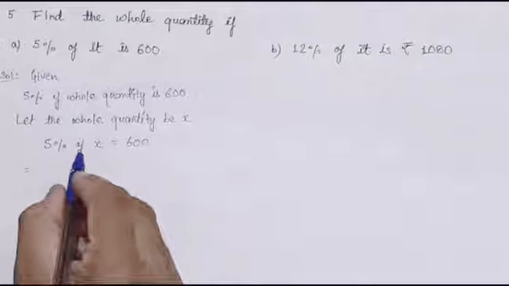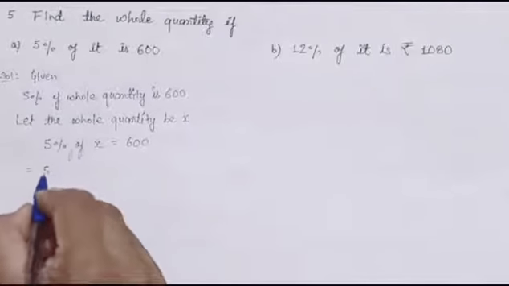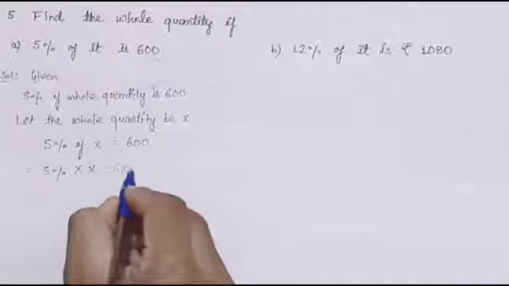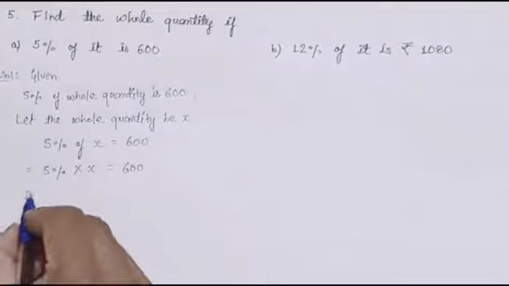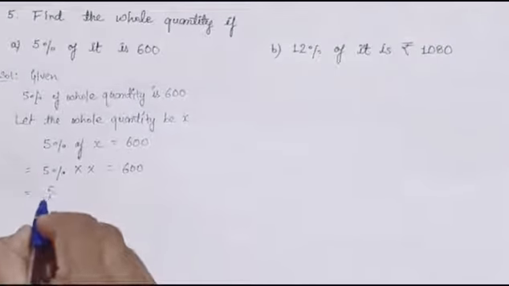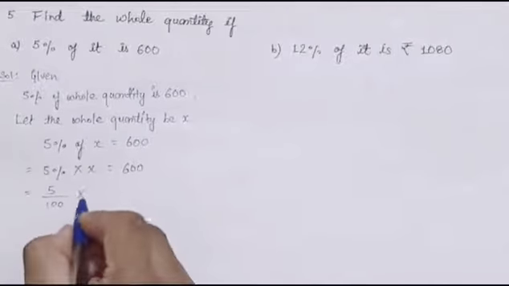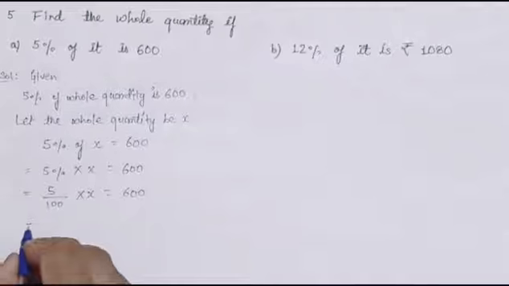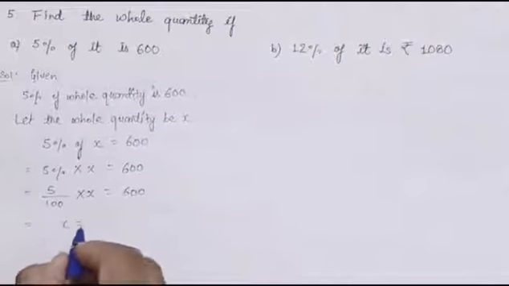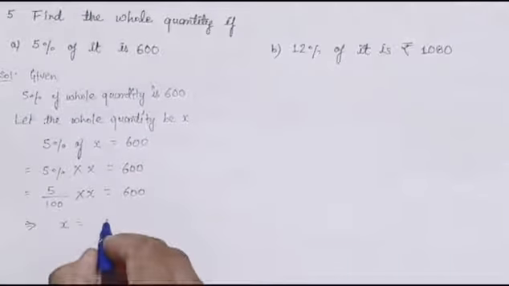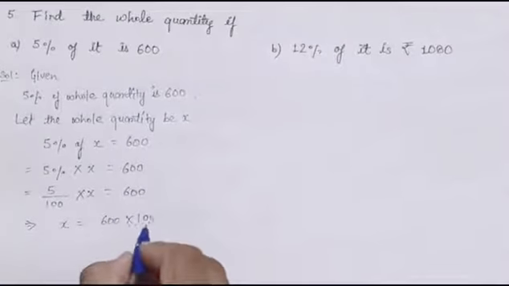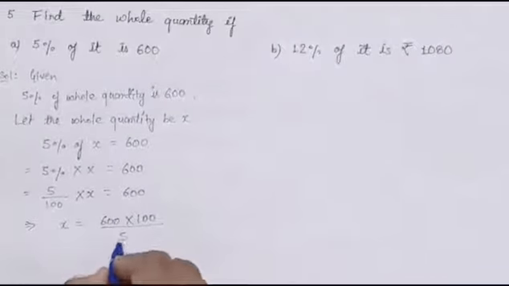Again, you know of means multiplication. So what we can write? 5% into x is equals to 600. 5% can be written as 5 by 100 into x is equals to 600. Or we can write x is equals to 600 into 100 divided by 5.